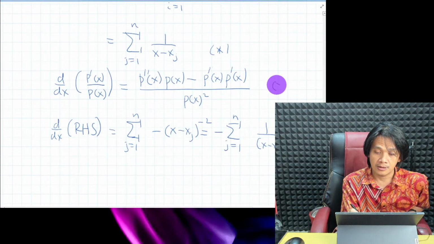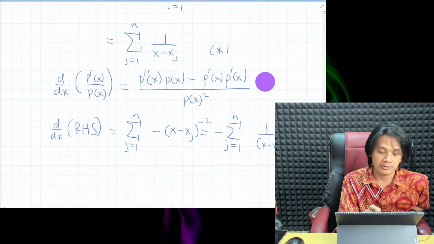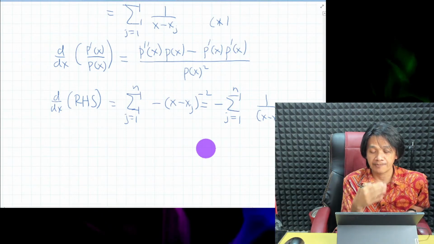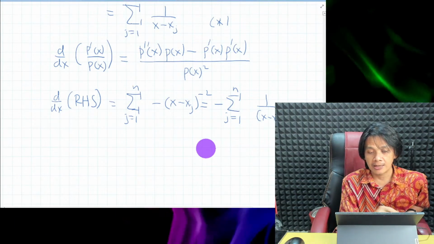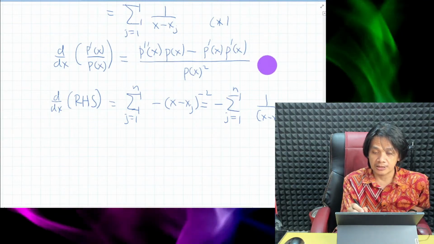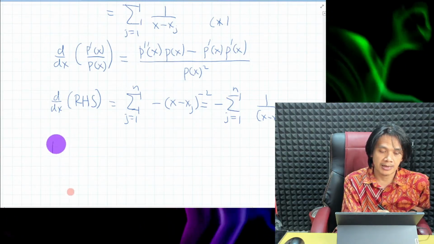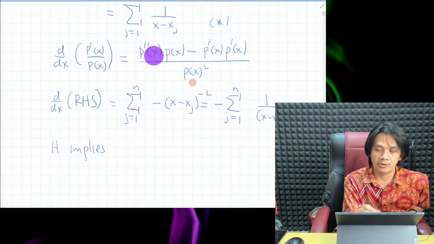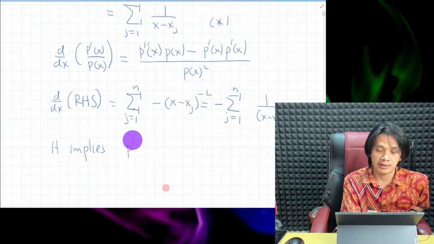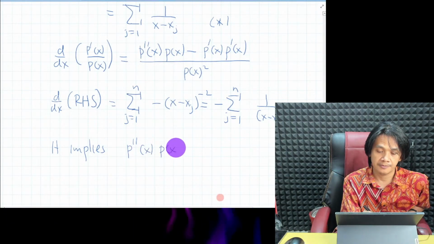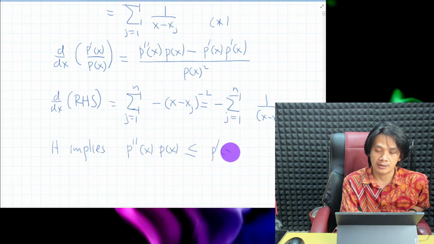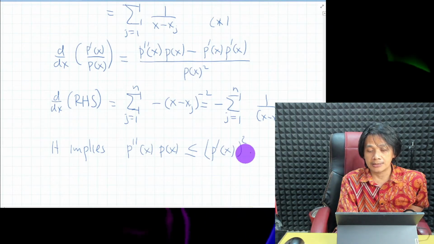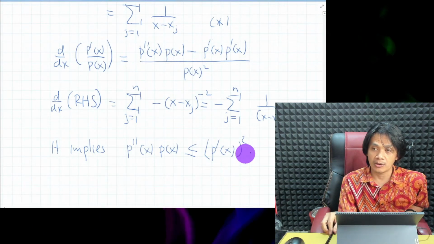So maybe I will not write down word by word, just using verbal explanation, since this is less than or equal to 0, it implies that the expression on the top, the numerator, must be negative as well. So we have this then. And this is exactly what we wanted to prove. Okay.